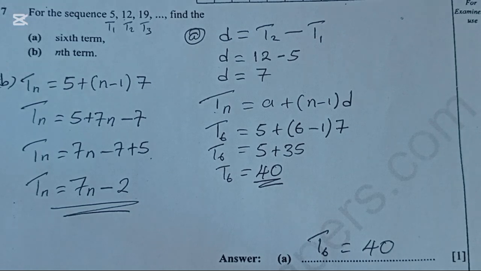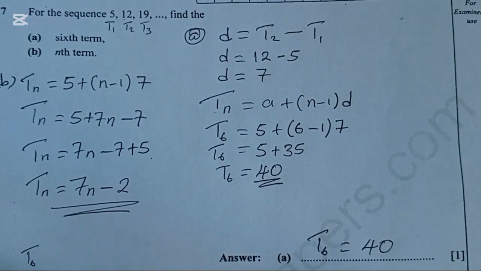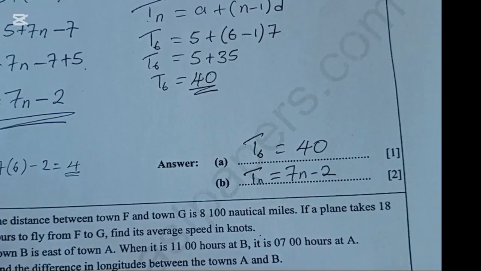So I can say 6th term is equal to, where there is n, I'll put 6. So it will be 7 times 6 minus 2. So 7 times 6 is 42. 42 minus 2 is 40.